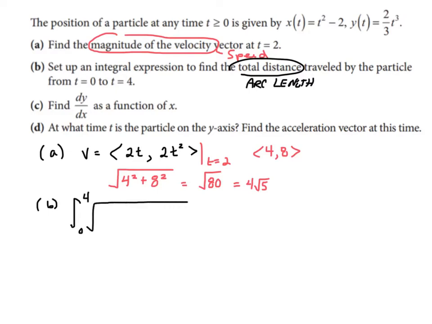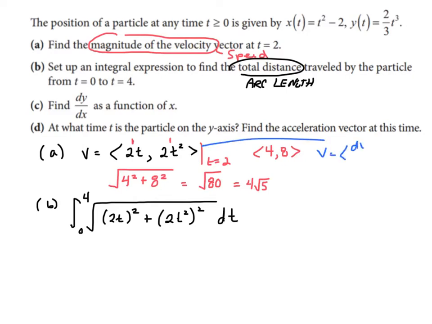And similar to two dimensions, it's still a square root, but we do the square root of dx dt squared plus the derivative of y, so dy dt squared, and that's it. So dx dt and dy dt are components of velocity. And I'll make a note here, velocity is dx dt and dy dt, like that. Those are the components, so pretty easy to do.